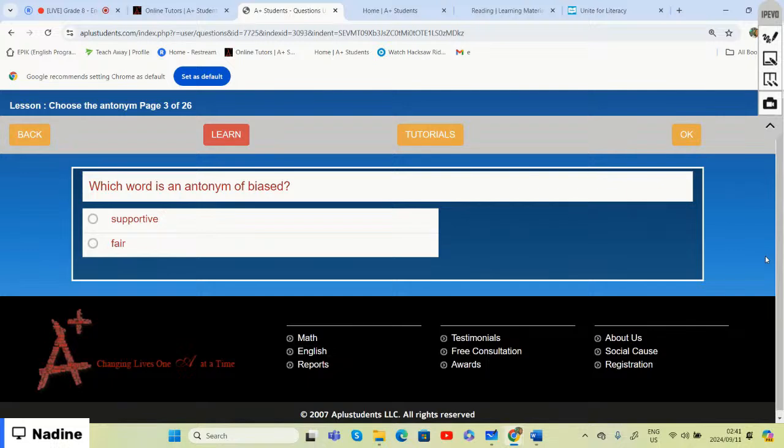All right. Which word is the antonym, the opposite of biased? Biased, does it mean that you are supportive or you are fair? The opposite of bias, is it supportive or fair?